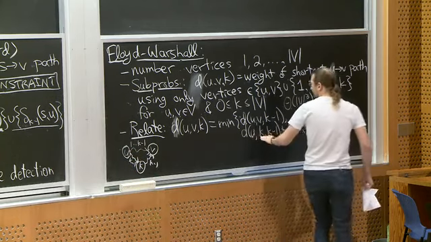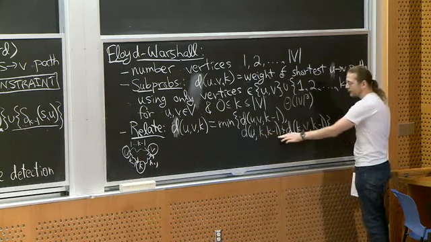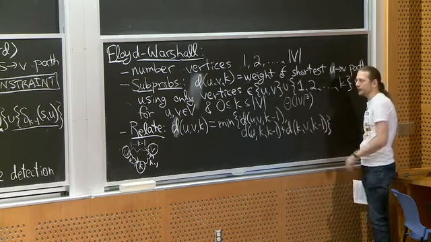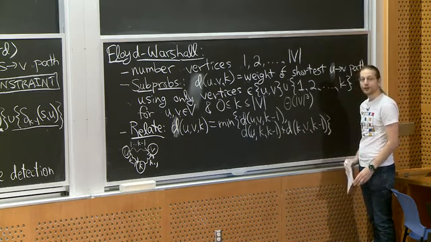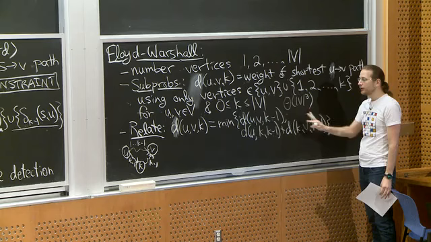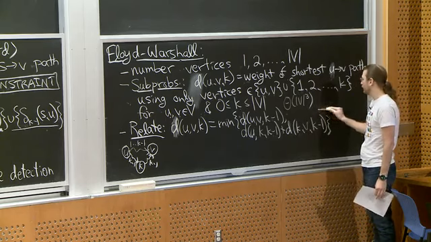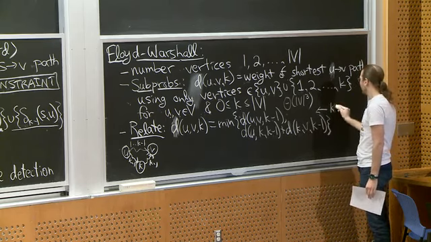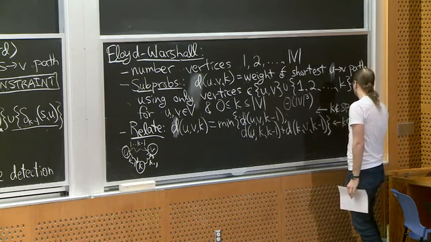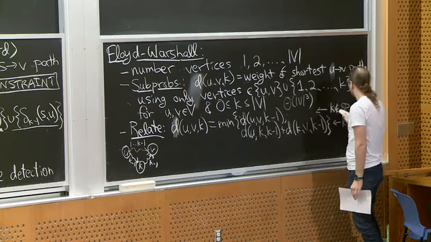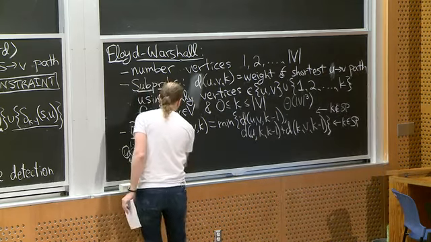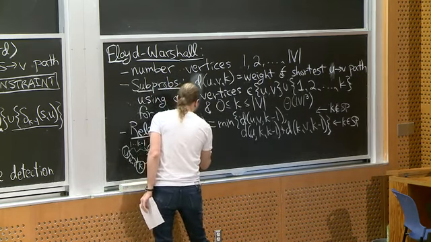It's from u to k using labels up to k minus 1, and from k to v using labels up to k minus 1. Okay, the cool thing here is the min only has 2 terms, so this takes constant time, non-recursive work. So this is k is not on the shortest path, and this is k is on the shortest path. Cool. So this is constant non-recursive work.